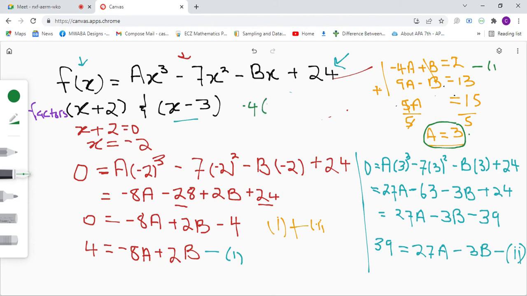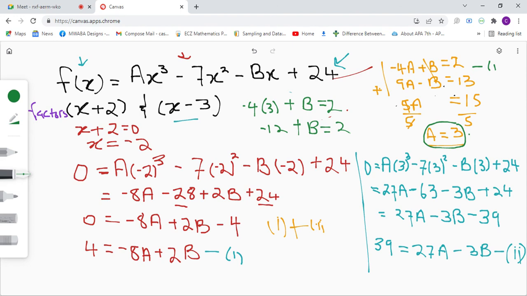Remember, a is 3, so it's negative 4 times 3 plus b equals 2. Negative 4 times 3 is negative 12, plus b equals 2.